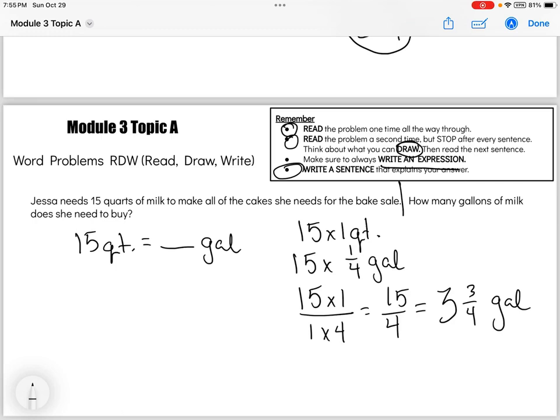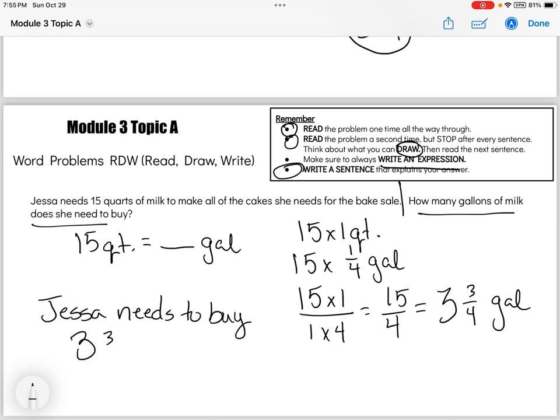So all I tell them to do is take that question and go ahead and flip it into a statement. So Jessa needs to buy 3 3/4 gallons of milk. And I'm just using that abbreviation there. It really should be written out.